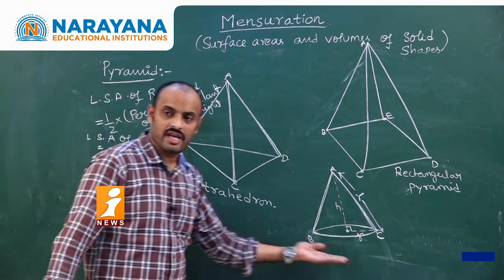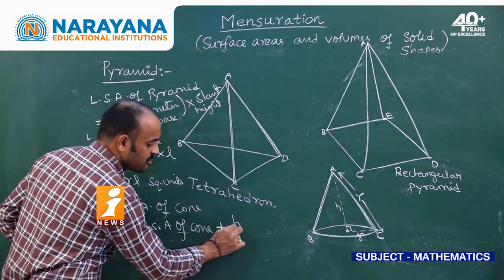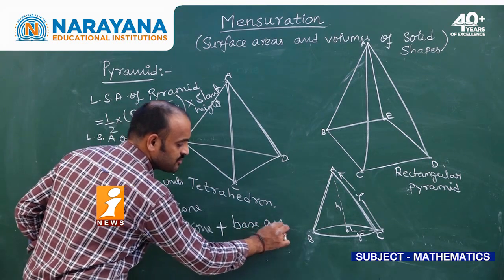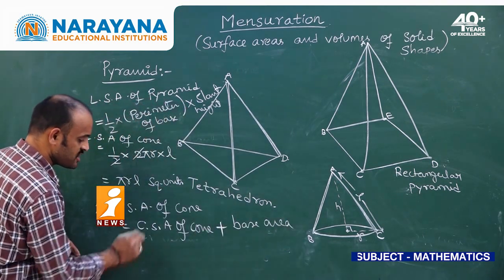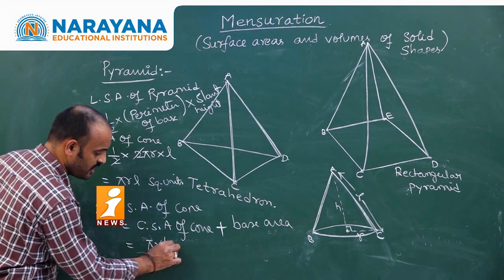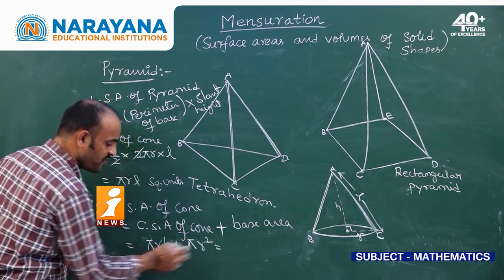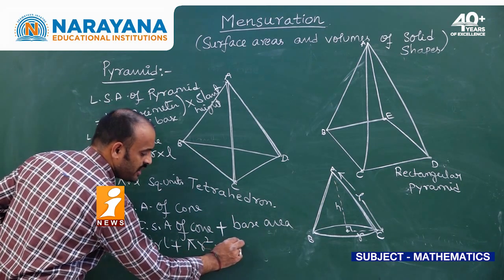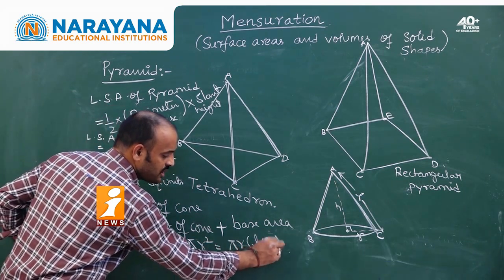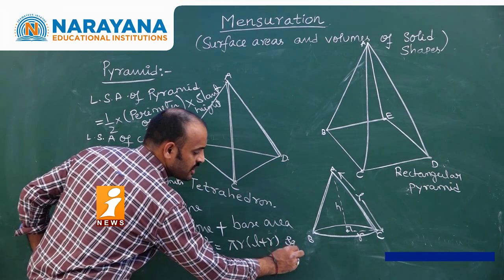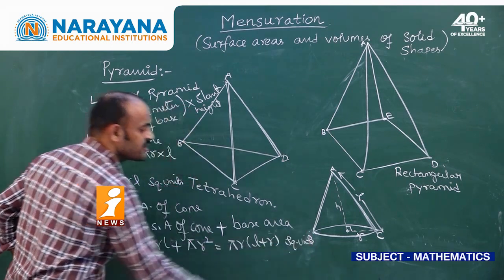So what is the base here? Base is a circle. Therefore, CSA of cone is pi r L plus base area is pi r square. If I take pi r common, pi r into L plus r, pi r into L plus r square units.